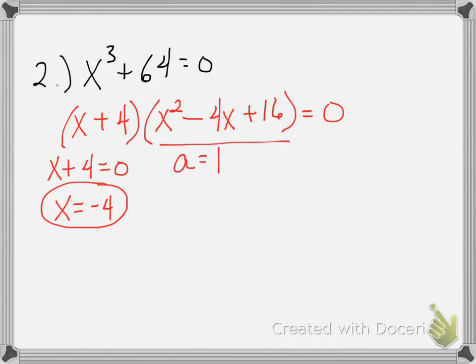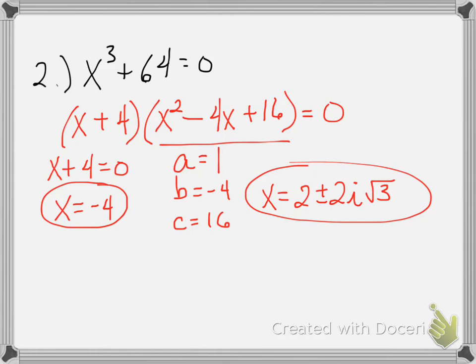If you remember, this one gives me my two imaginary answers. So if we go to our calculator in the quadratic program, a equals 1, b equals -4, and c equals 16. When you put that in, here's what we get. X equals 2 plus or minus 2I square root of 3.